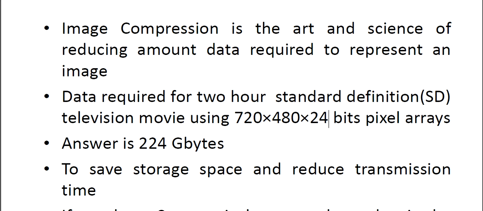That is a very big amount of space that will be needed. So our main aim will be to reduce the space required to store an image. So to save storage space and reduce transmission time, we'll try to perform some image compression techniques.